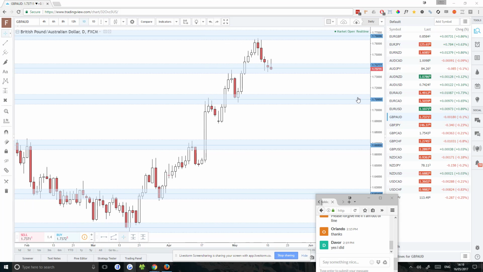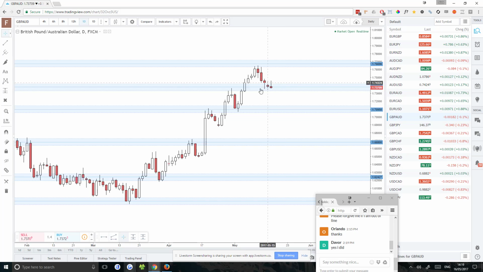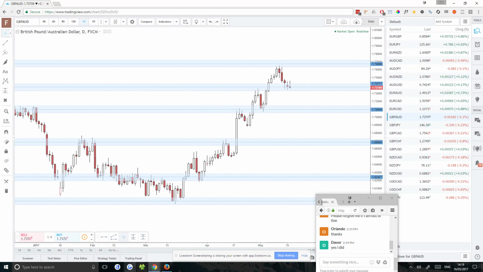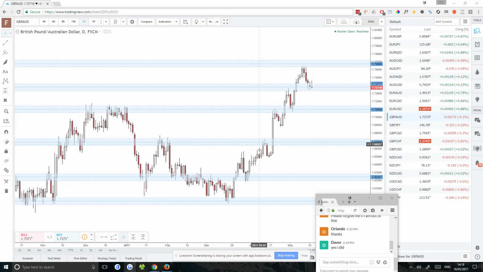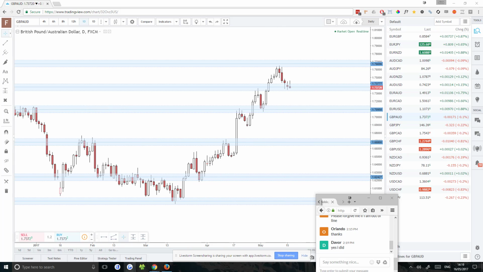There's something interesting going on right now here. So obviously the overall trend of GBPAUD is a bullish one. I mean, GBP in general is just bullish at the moment. And as you know, with continuation reversals, the general pattern is something like this.